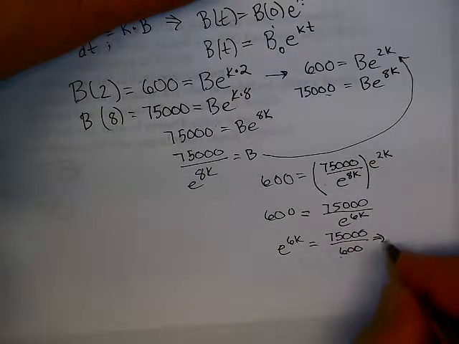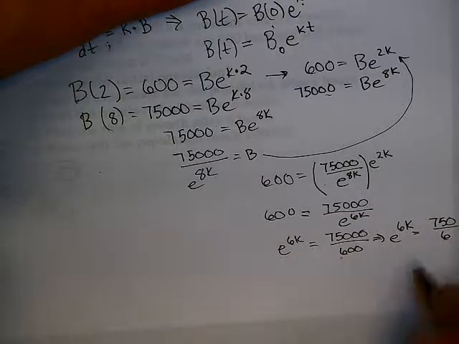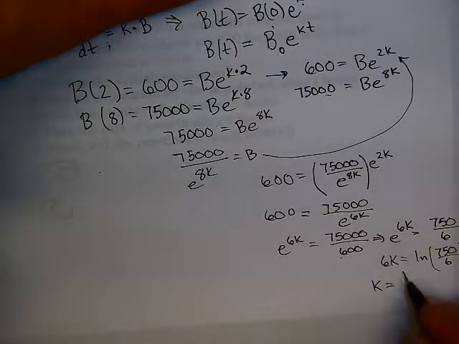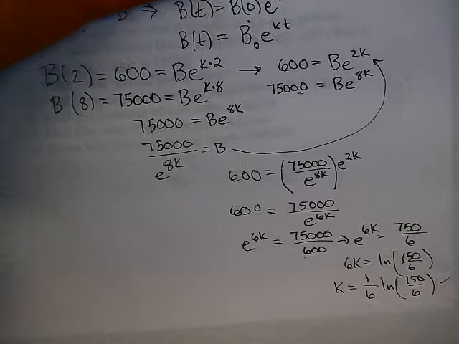And we have that. Now I'm going to take the logarithm of both sides. And I'm going to divide by 6. This value right here is my value of k, right there.